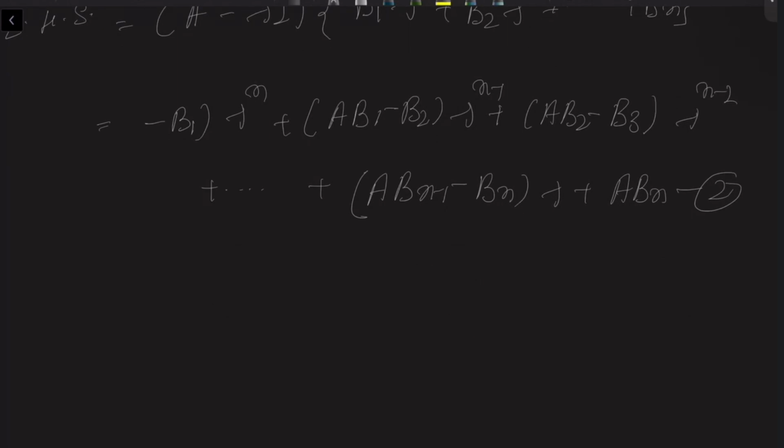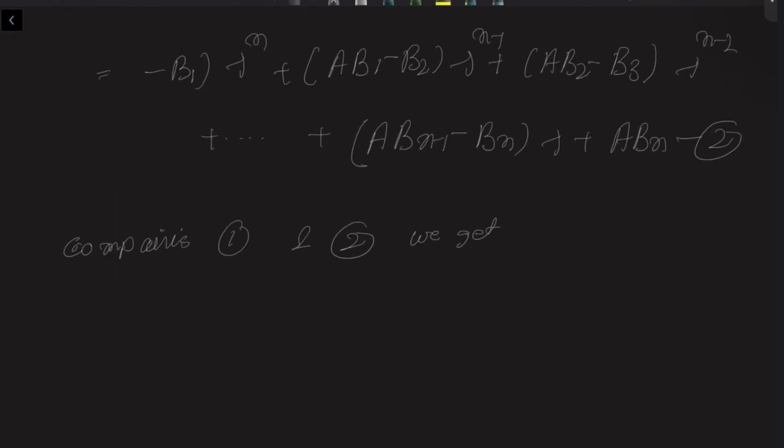So comparing 1 and 2, since they are equal, we can compare the coefficients. Just comparing term by term, that is, comparing the terms of lambda^n, then lambda^(n-1), and similarly like this, what do I get?